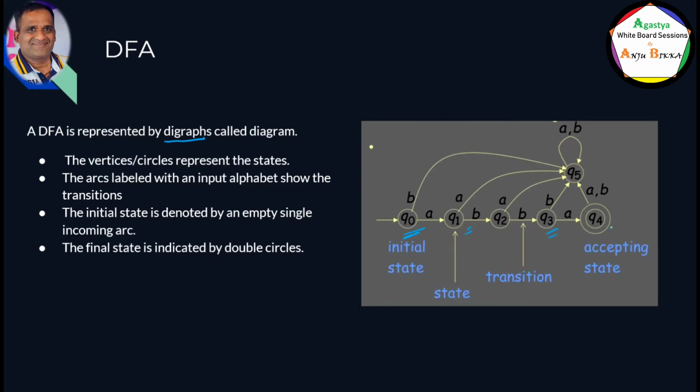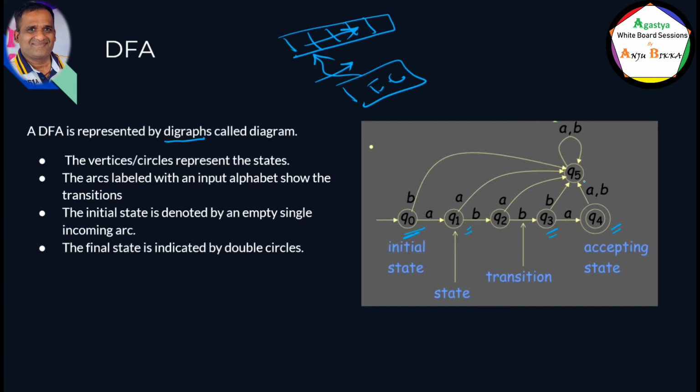If you remember the previous diagram, there is the input tape, then a finite control and a head. The states are in the finite control, the input string is in the input tape, and this is the read head. These finite control states are represented as nodes or vertices here.